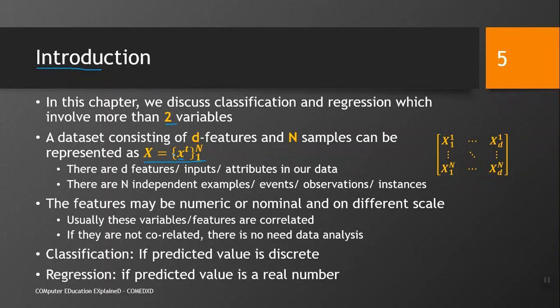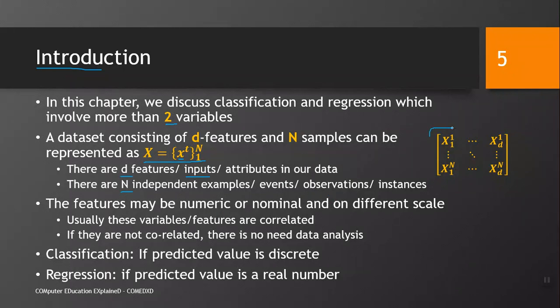So, in this kind of data set there are d features, which could be called features or inputs for a single instance or attributes of our data, and there are n independent examples or events or observations or instances that we want to work with.